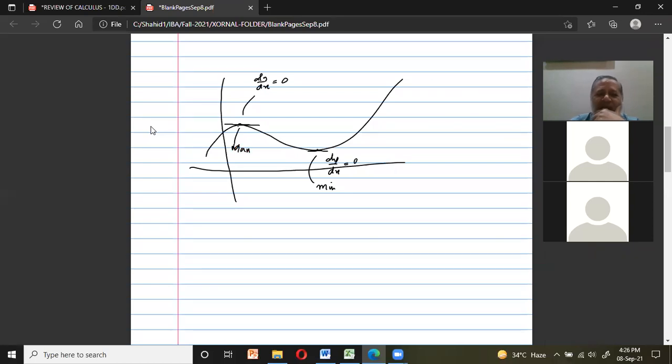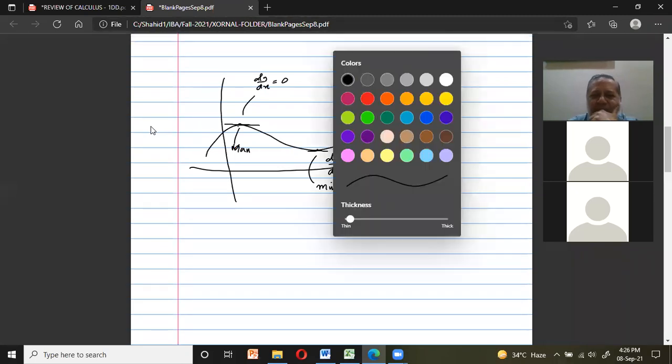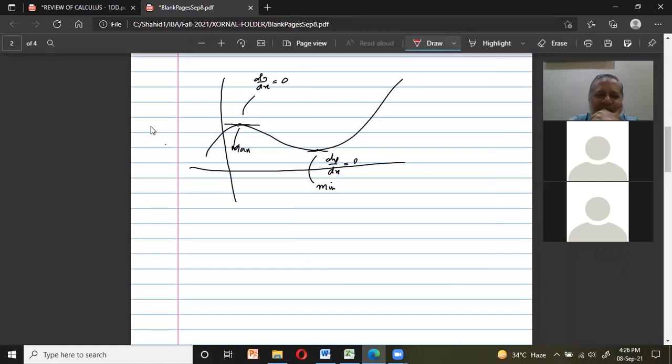अच्छा. Now there is an insect traveling along the graph. Is it gaining height or going down? It's gaining height. So we say the function is increasing. Then the insect reaches the maximum and no more gain of height.